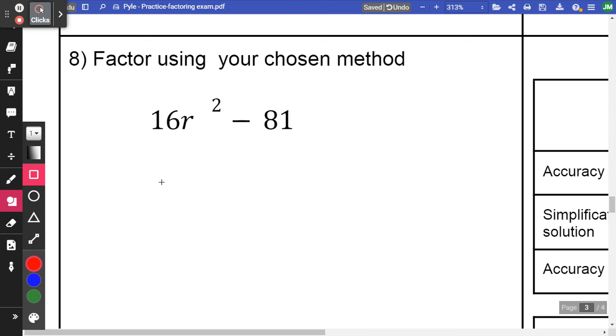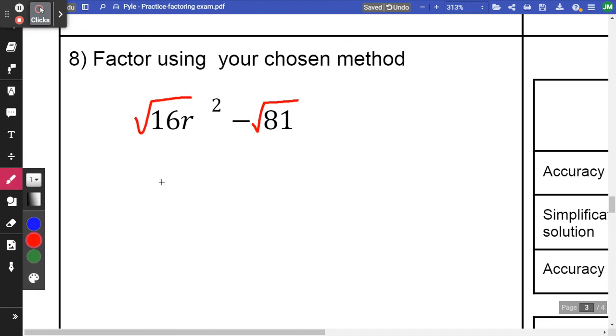All right, number 8 says factor using your chosen method. Well, my chosen method here is going to be the difference of squares because these are two square numbers and they're being subtracted. So I take the square root of the first term and the second term.